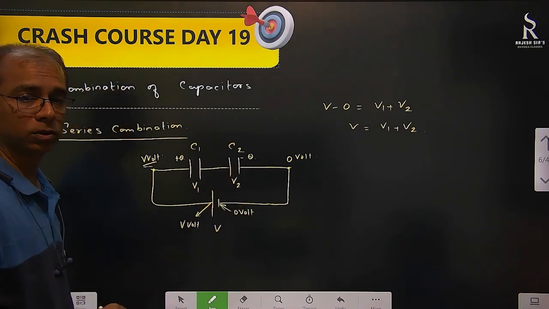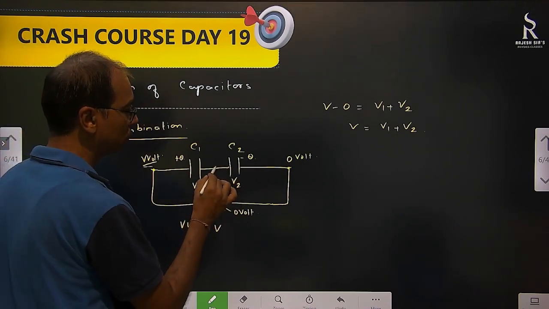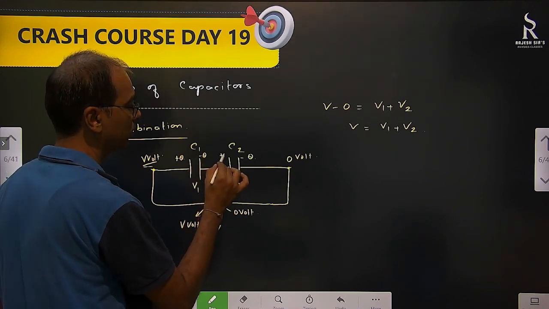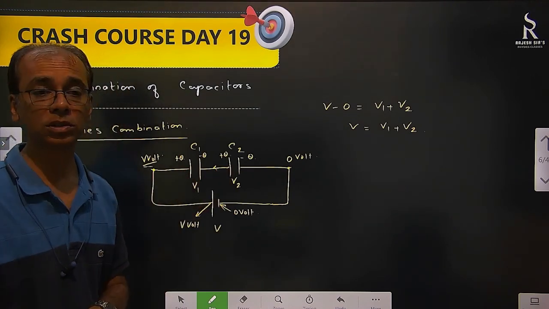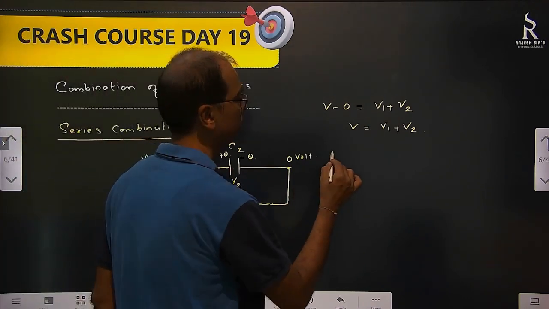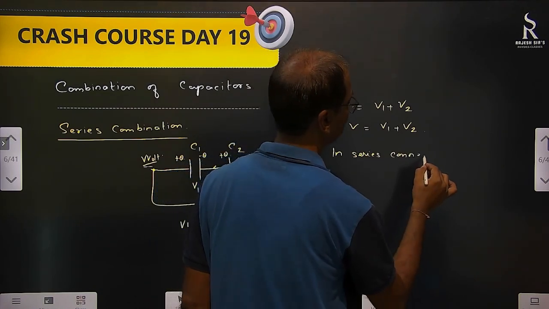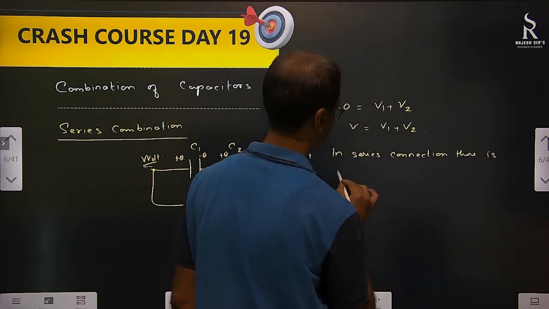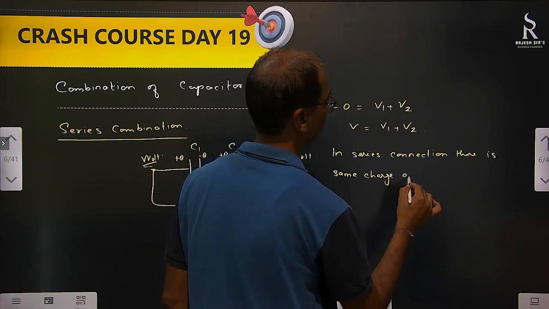Those electrons, now this is connected with a wire, will flow here. So this will become minus Q and this will become plus Q. So charges on this capacitor and this capacitor are the same. So in series connection, we have same charge on capacitors.